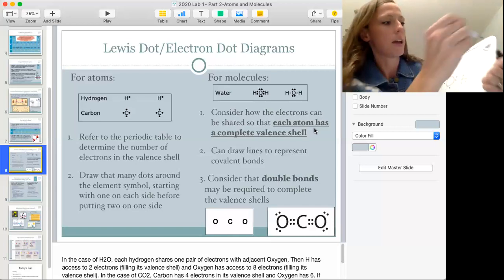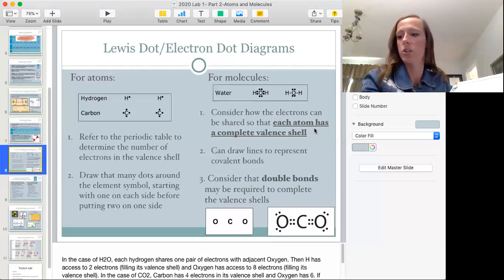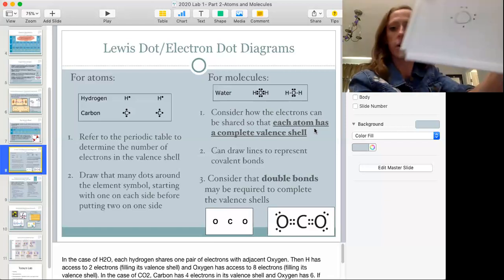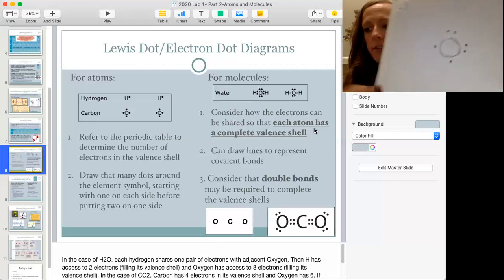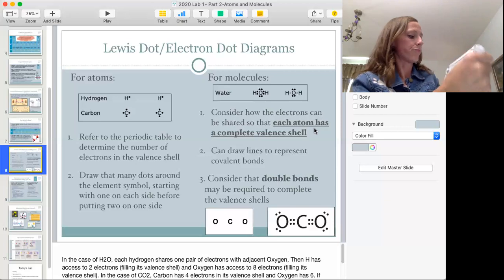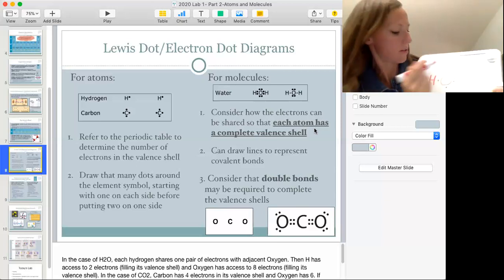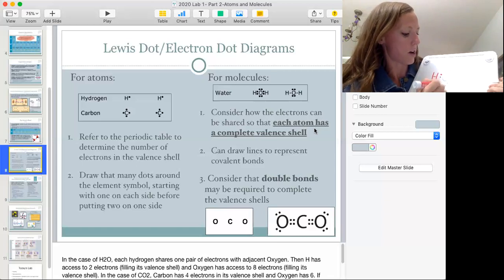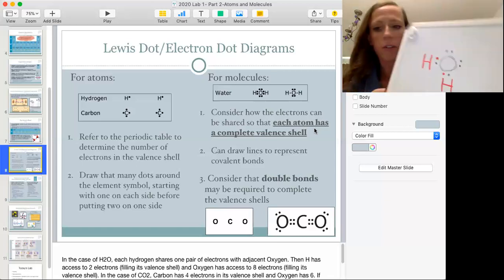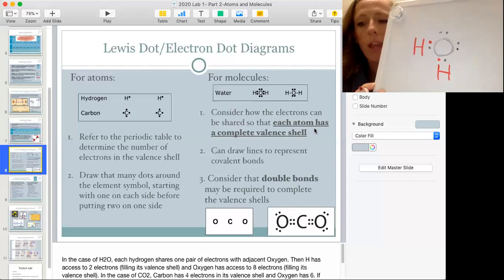Okay, 6. And I'm going to change colors now for my hydrogens to make this more clear, because you've got oxygen with its 6, and then hydrogen. Each of the 2 hydrogens is going to donate 1 electron, like so.